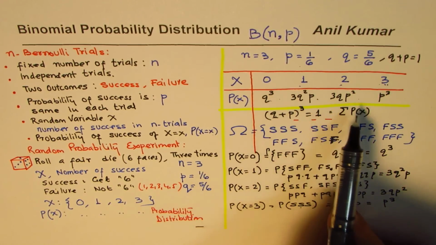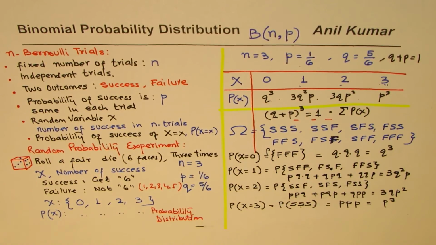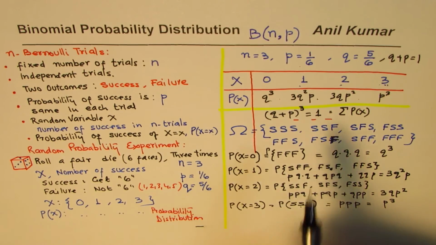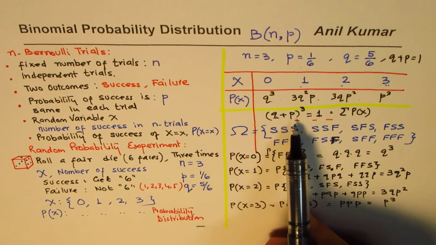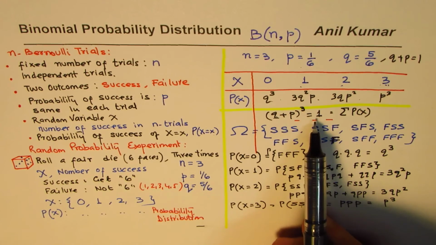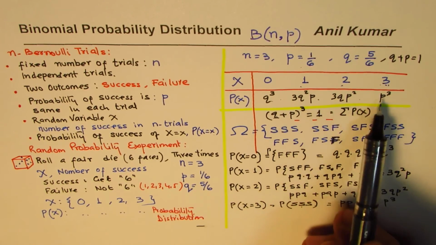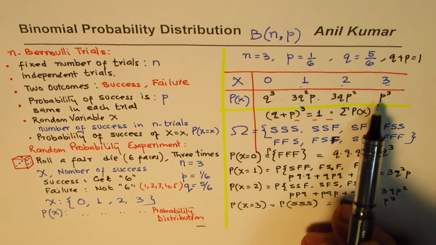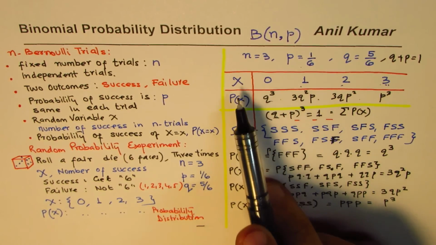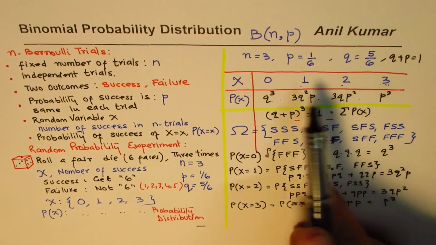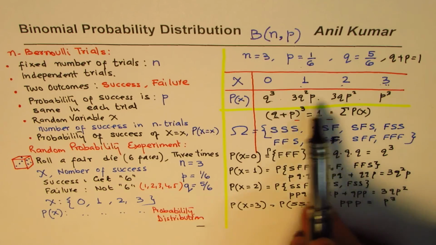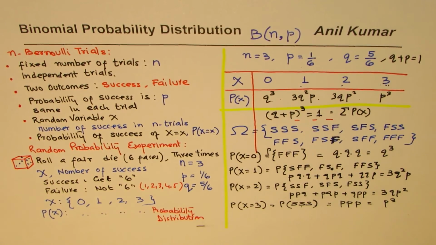So the sum of their probabilities should be 1, and that is satisfied. As you observe here, (q plus p) whole cube is equal to 1, since q plus p is 1. When you add the probabilities of all 4 values, you should get 1, right?